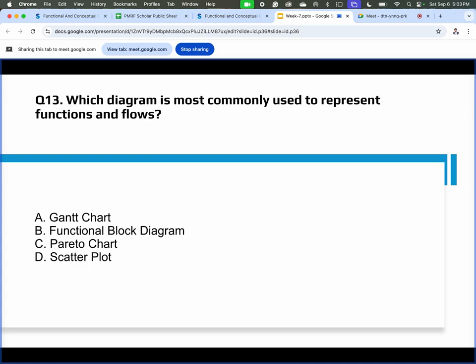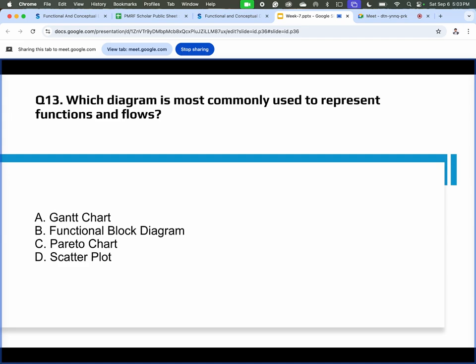This creates a clear picture of how the system transforms inputs into outputs. These diagrams are versatile and can capture both high-level black box models and detailed sub-function decompositions. They highlight relationships, dependencies, and flow directions, making the system easier to analyze.